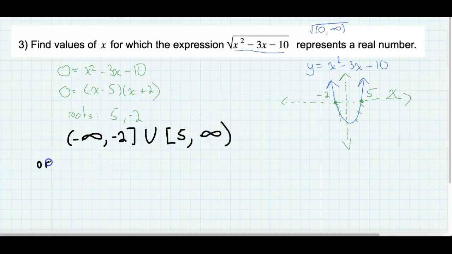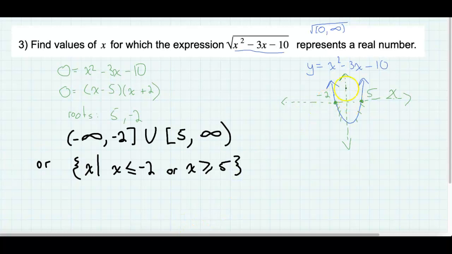Or I can say x is such that x is less than or equal to negative 2, or x is greater than or equal to 5.